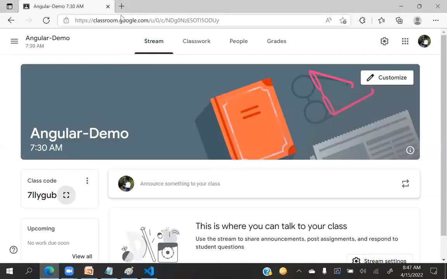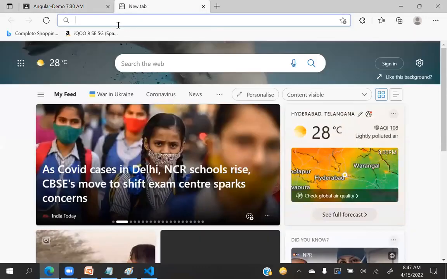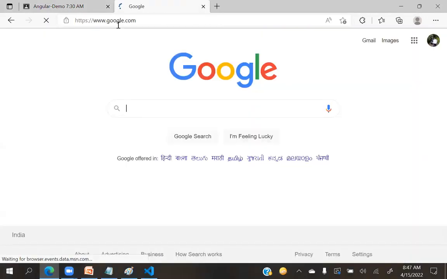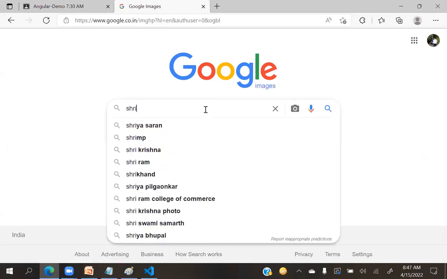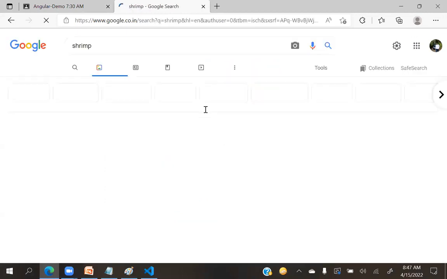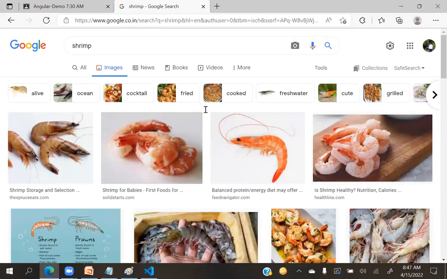You may know shrimp. I hope you know. I will show you a simple one. Suppose you know shrimp, right? So these are shrimps. Prawns. It looks like a prawn, right?